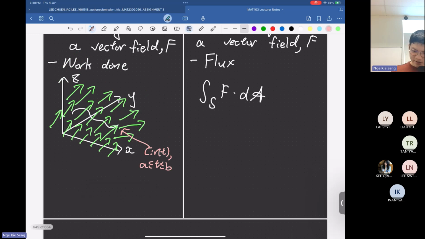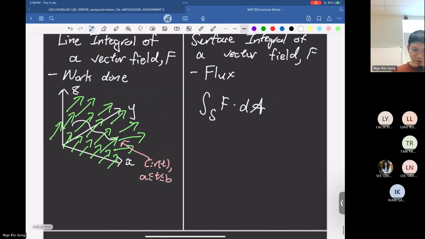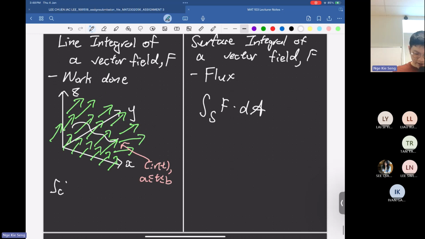Okay, I rewrite it. So what does this dot product here become? It becomes similarly, you integrate with respect to t, make it into one variable, f of r(t) dot with r prime t dt.